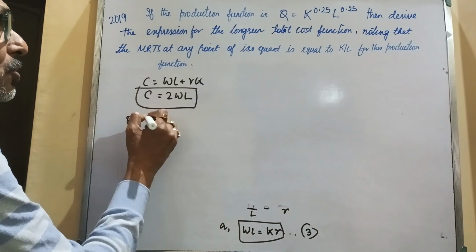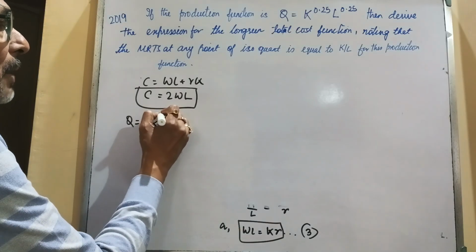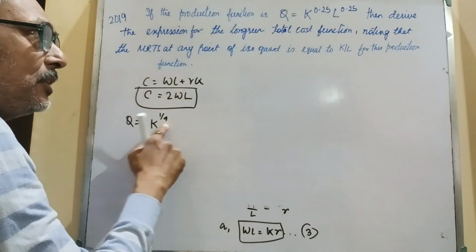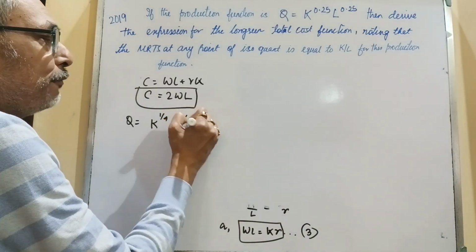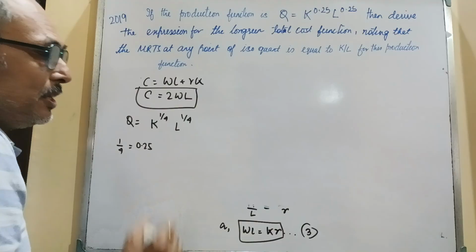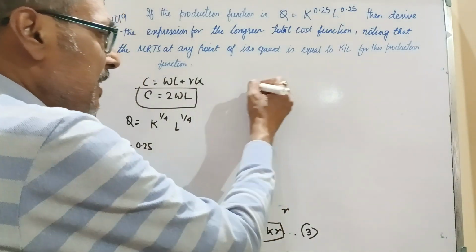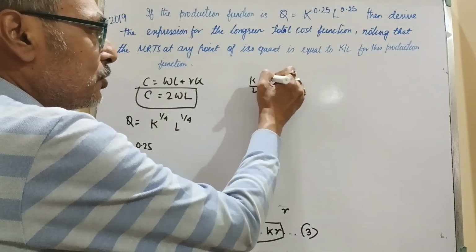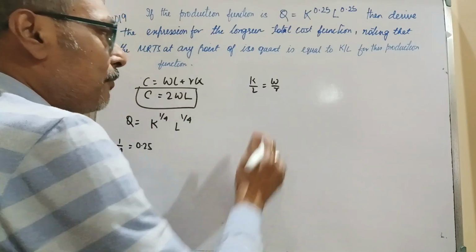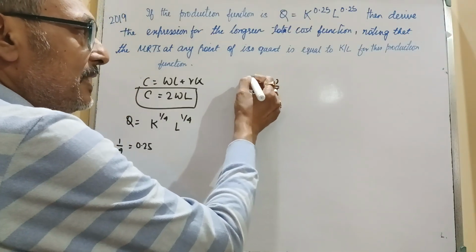Now Q equals what? K to the power 1/4, L to the power 1/4, because 0.25 means 1/4. Now what is the equation here? K by L equals W by R. What is K by L?